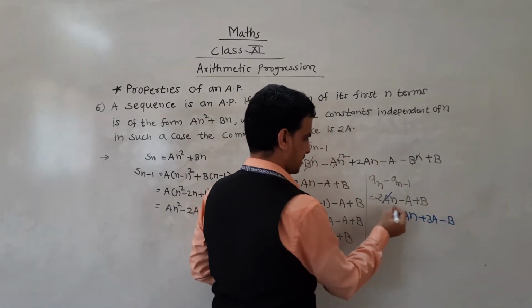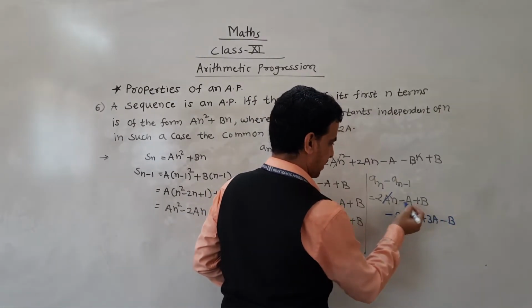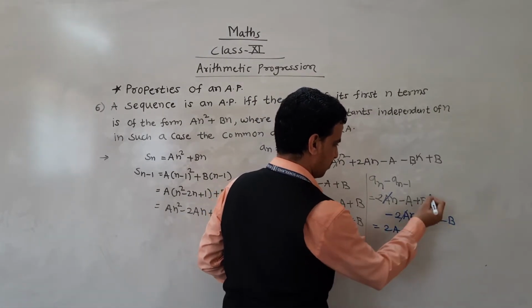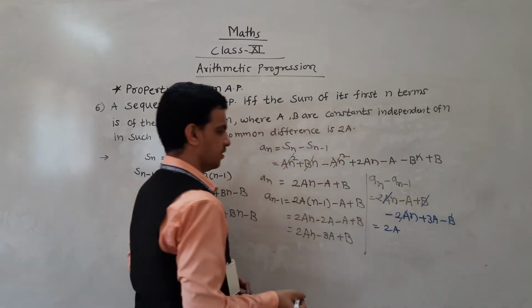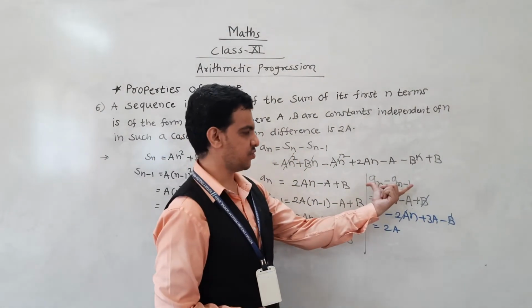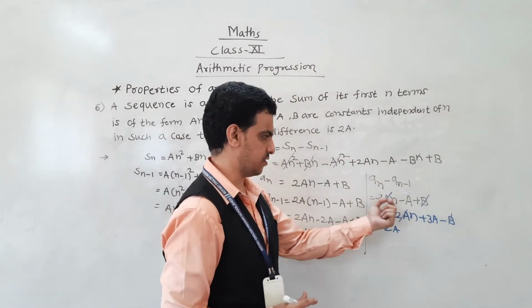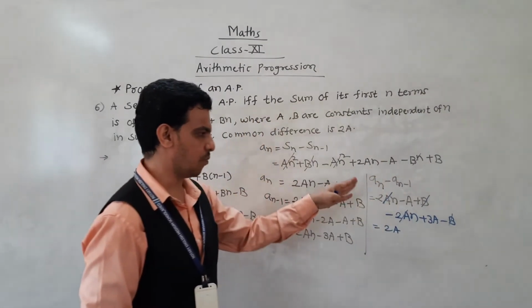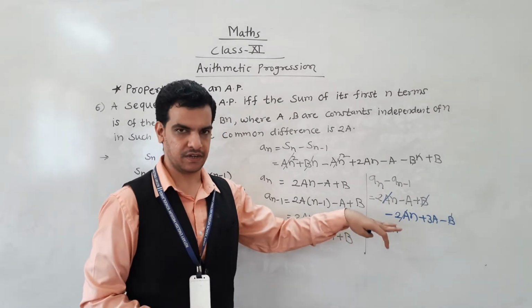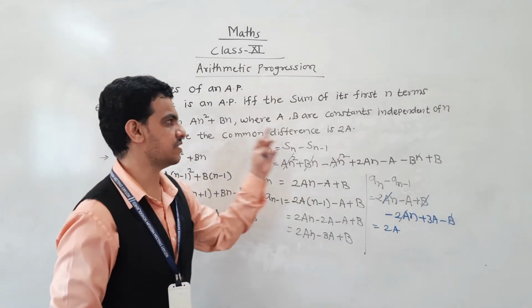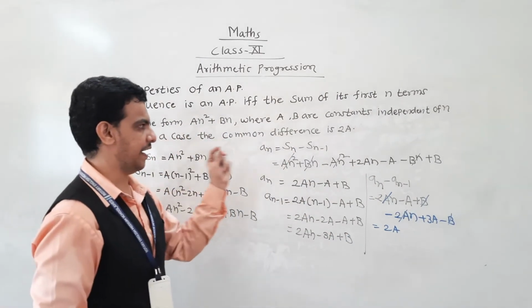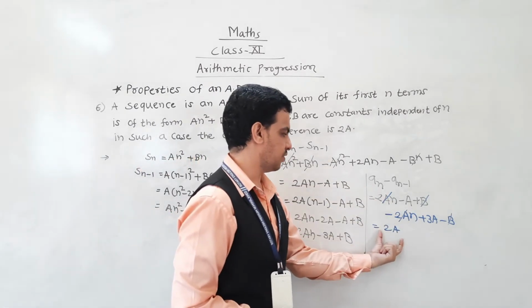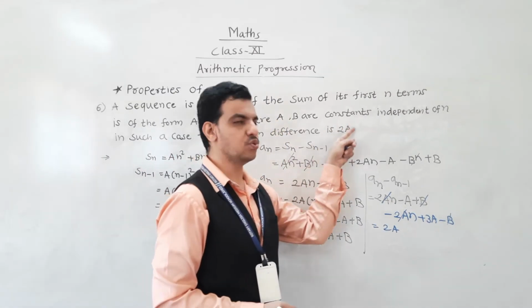So 2an cancels, 3a minus a is 2a, and plus b minus b cancels. So an minus an minus 1 is d, the common difference, and this is independent of n. If the common difference is independent of n, the given sequence is an AP. And we also proved here that the common difference is 2a.